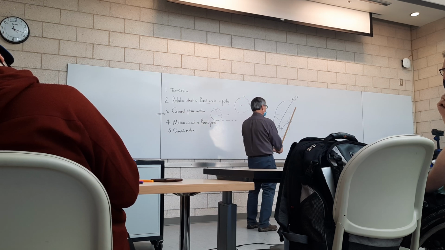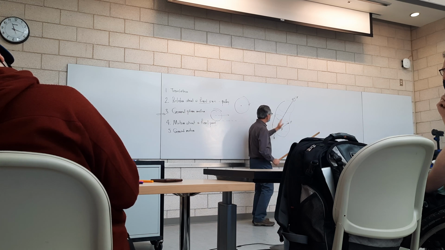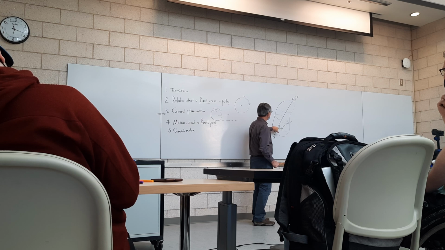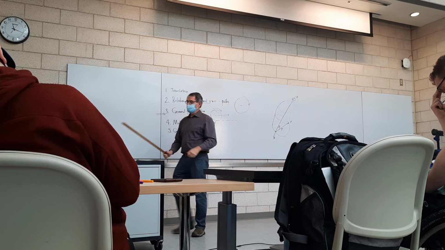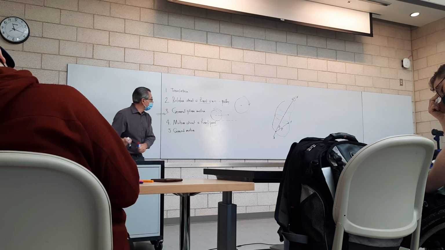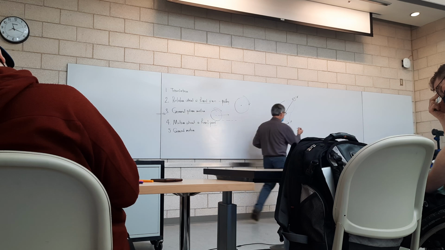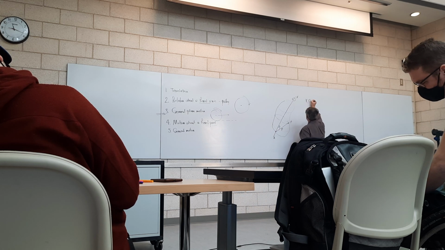It's going to be here, and then here, and here, and here. But as P rotates around, the length of r stays constant, and the angle between r and this axis stays constant. So r and phi are constant.